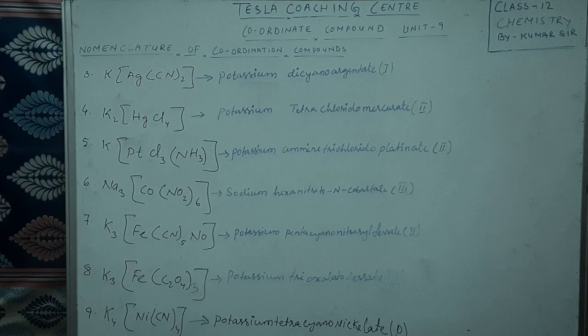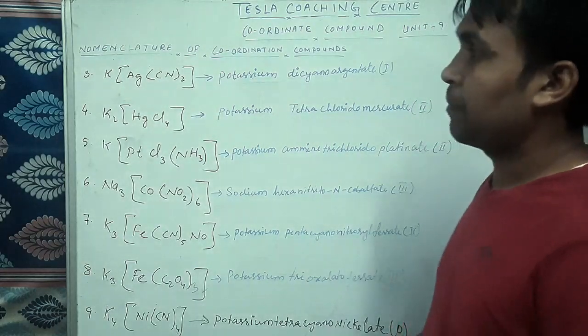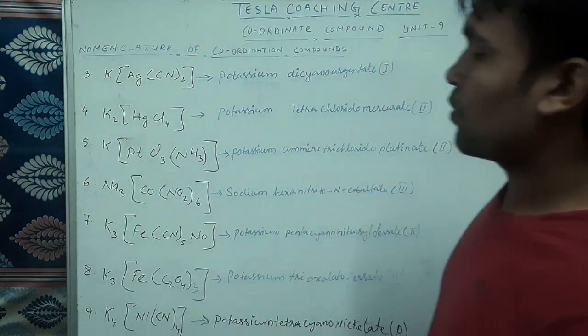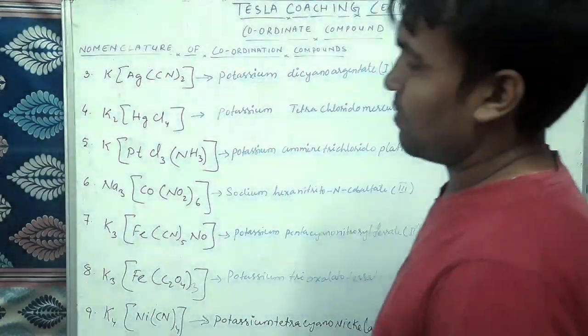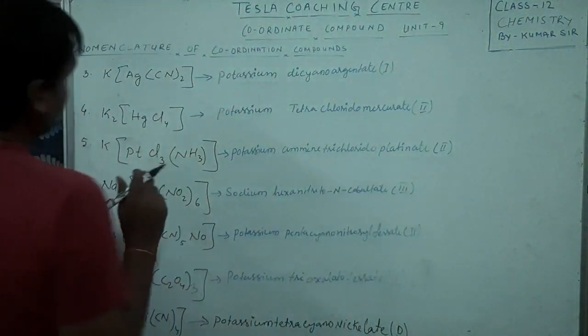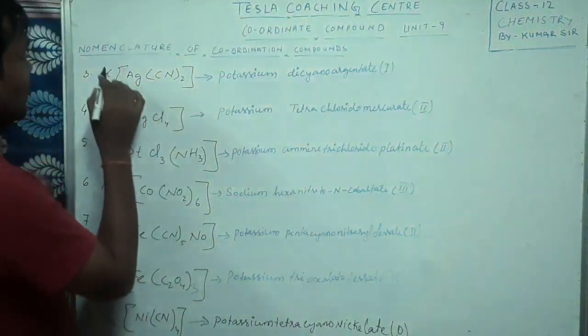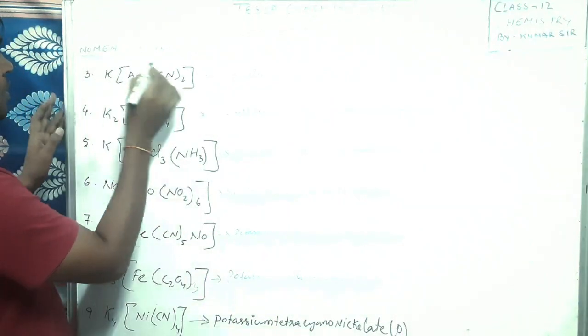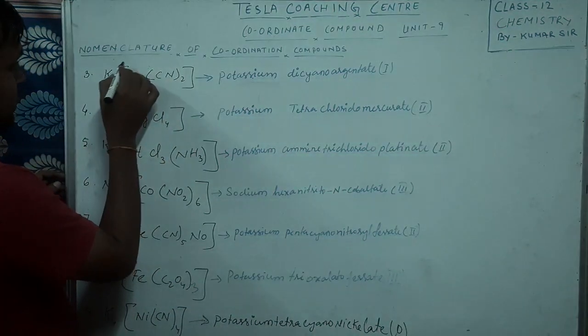Okay, so students, now we are back with another 7 questions. All the 7 questions are of the same type. As you can see clearly here, these are the complexes, right?